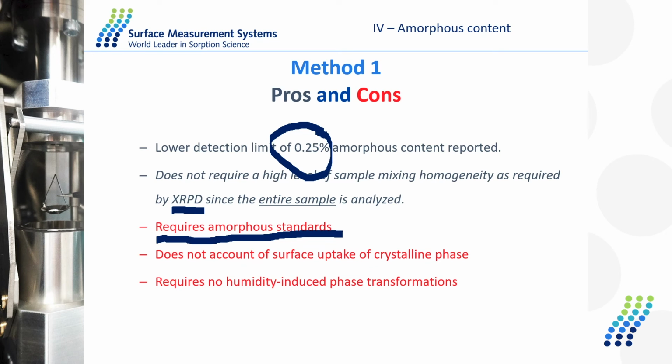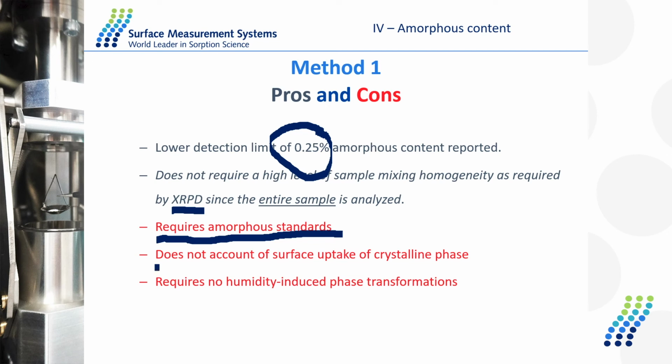For the majority of the materials that you're going to study, the crystalline form has such a small uptake compared to the amorphous form that it is insignificant. So this assumption does not hold up in those types of situations. However, if the crystalline form has a little bit of uptake, then it becomes a more important factor. So that is something that needs to be considered.